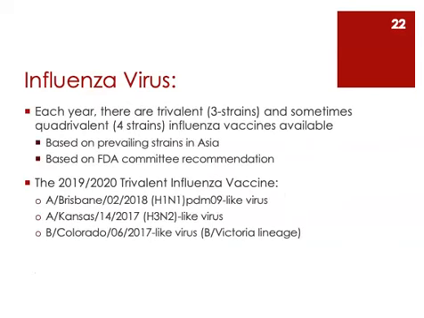So, every year, there are new influenza viruses for us to guard against, because these viruses, again, can cause very significant disease. They can mutate, and they do mutate often.